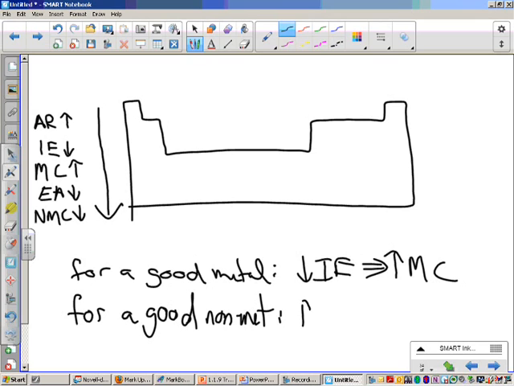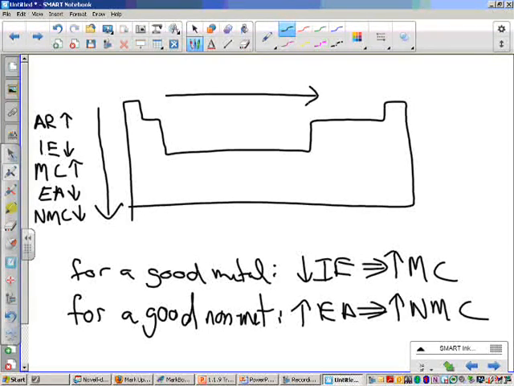It's high. High electron affinity results in a good non-metallic character. It's the same, where the other one is opposite. Okay? So let's work our way across then. Across the table. If you don't have room above, you could put all this information underneath. It's still working its way across.